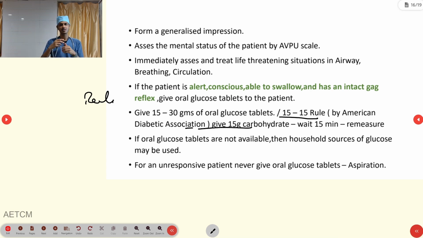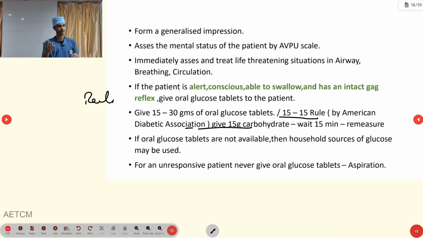After 15 minutes, you have to reassess the person's blood glucose level by glucometer. There you can see a 15 milligram per deciliter rise in the plasma glucose level. That is called the rule of 15. It should be done only in a person who is awake, alert, with intact gag reflex.